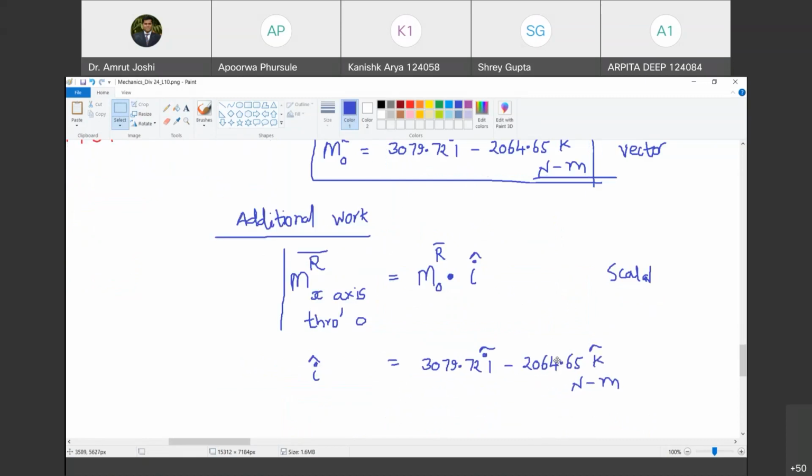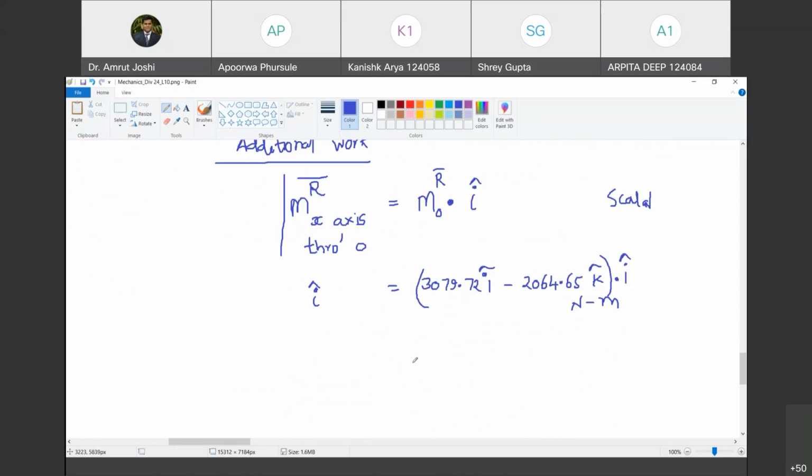This is moment of R bar about O, and its dot product with i cap. And how much is that? So i cap dot i cap is 1. Are you with me? It is i square, and i square is 1. So it is going to be 3079.72 Newton meter.